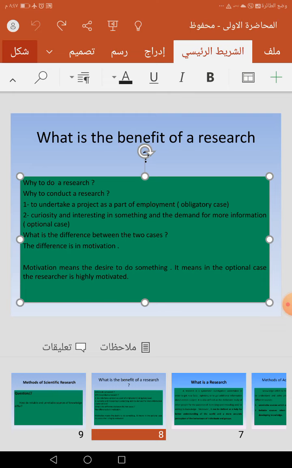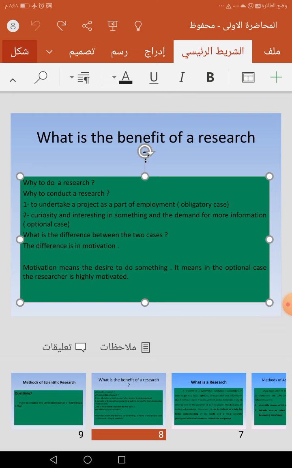What is the use of research? Why to do a research? Why to conduct a research? Someone asked, why to do a research? At first, to undertake a project. We have a project, مشروع, as a part of employment.